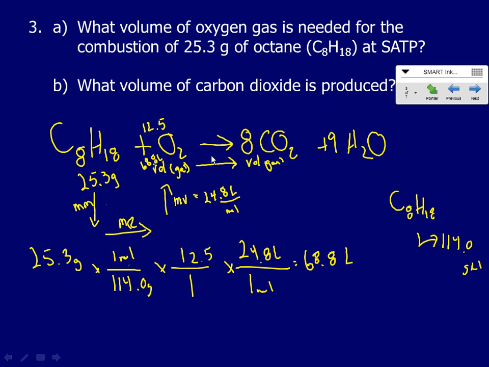And what do I need if I go straight across? One gas to the other gas, same temperature and pressure. Just the mole ratio, and you've got it. So I can simply go 68.8. Now I'm starting at the oxygen number, so that's 12.5 to 8 is the ratio. And I'm done. So a shortcut is available sometimes.